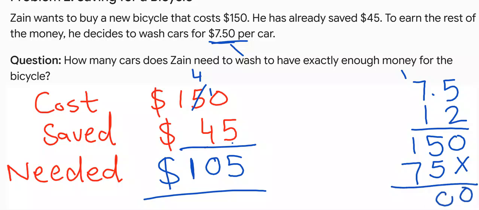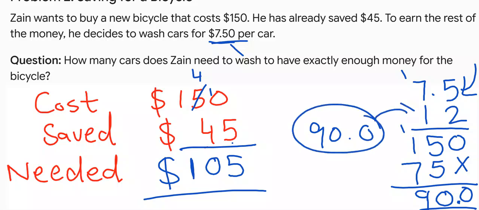It is 0, 5 plus 5 is 10, and 7, 8, 9. It is 900, and here we have a decimal after one place. So I will put the decimal after one place and we will get 90.0 after multiplying by 12. So we need more money.